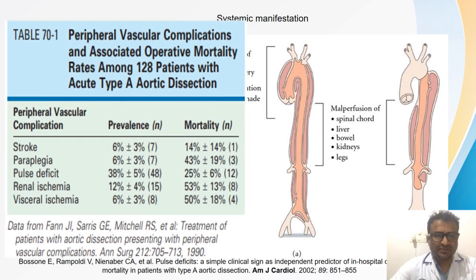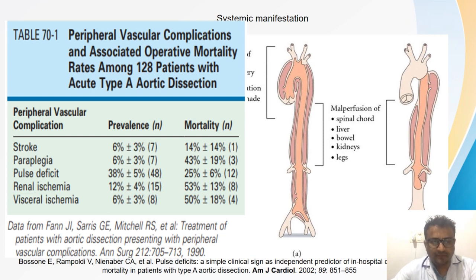This is the picture showing the peripheral vascular complications and the associated mortalities. It is observed that when one of the peripheral vascular complications exists, the mortality increases tenfold. When a neurological complication exists like stroke or paraplegia, the mortality is multiplied from 14% up to 43%.